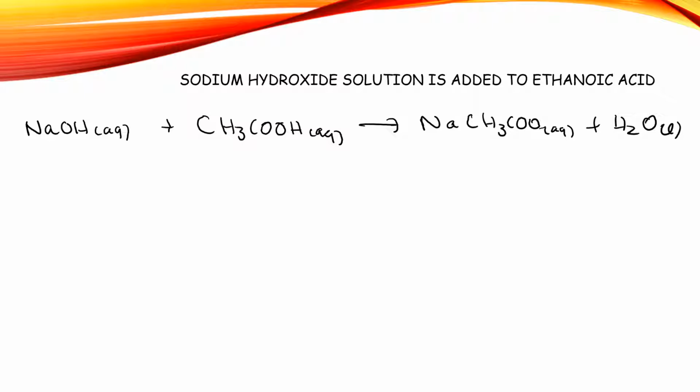So let's see what we can break up. We're allowed to break up an ionic compound that's dissolved in water, so that's going to be broken up. Now ethanoic acid is a weak acid, so it is a weak electrolyte, so it stays stuck together. Sodium ethanoate is an ionic compound dissolved in water, so that can be broken up. And water is just a molecule, so it's not allowed to be broken up.